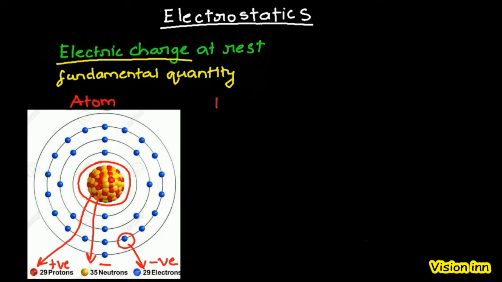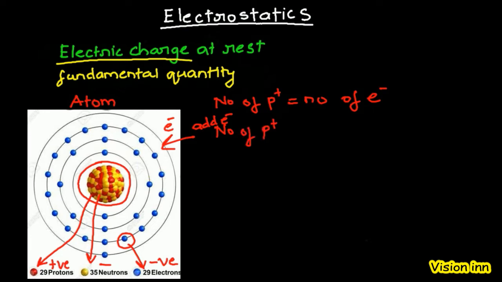Normally, the number of protons is equal to the number of electrons. So what happens? The body is electrically neutral. Now suppose I add electrons to this. Then the number of protons will be less than the number of electrons, so the body will have a negative charge.